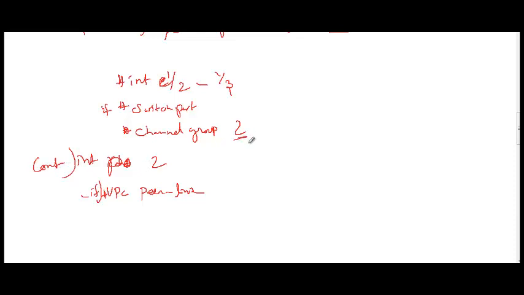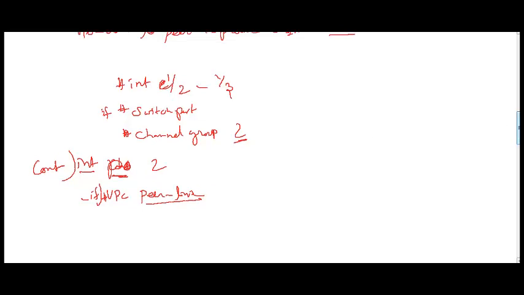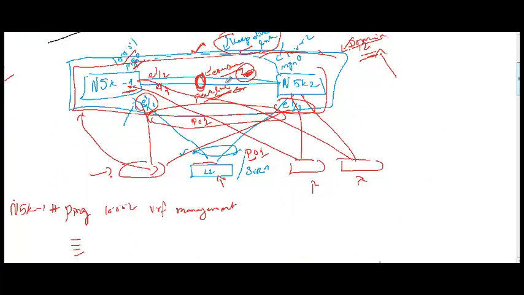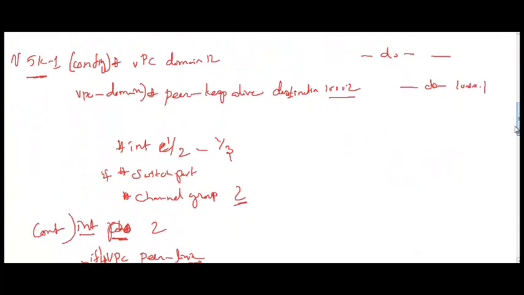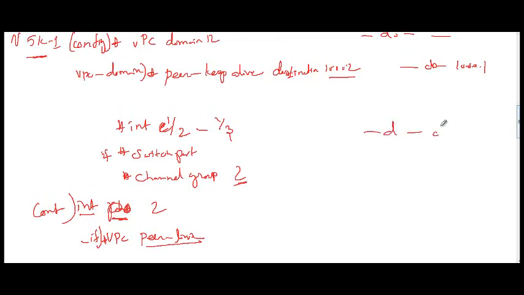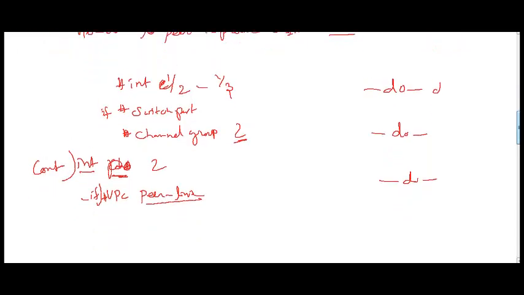When you say channel-group 2, port-channel 2 will be created. So we go inside that created port channel, and we say whoever is a member of this port channel, they are VPC peer links. So these two become peer links now. It's the same command on the other switch, no difference. I do it on the other switch too. Done. So two main important things are done.